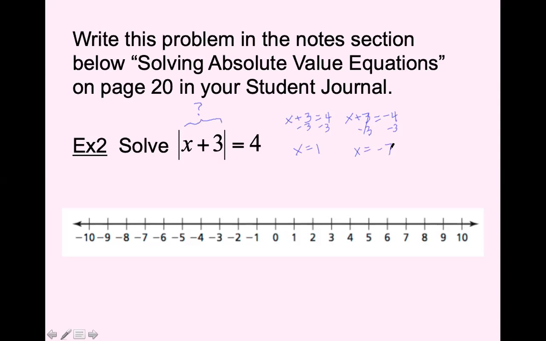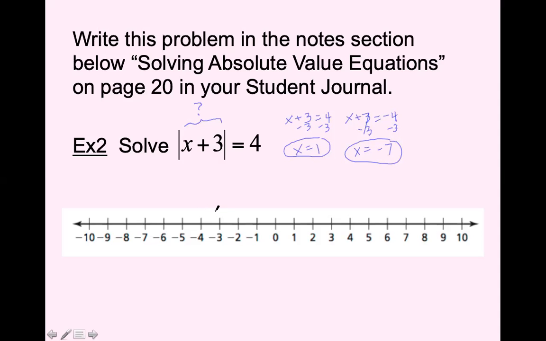All right, we can check and see if that's true. What's 1 plus 3? 4. Absolute value of 4, 4. Let's try negative 7. Negative 7 plus 3 is negative 4. The absolute value of negative 4 is also 4. So our solutions in this case are x equals 1 and x equals negative 7.